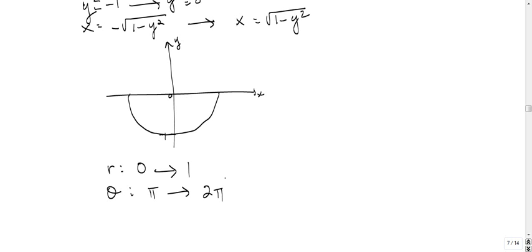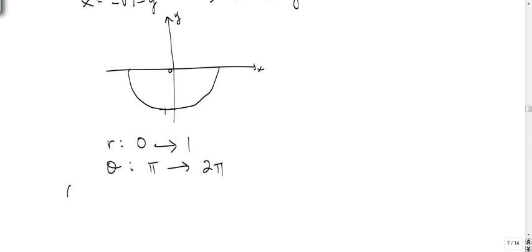Let's set up the integral now. What do we have? Pi to 2 pi, 0 to 1. What are we integrating? Tell me. Just r? r dr d theta. Now, by the way, if I have not told you before, when you have the double integral of 1, you're actually finding the area of the region.